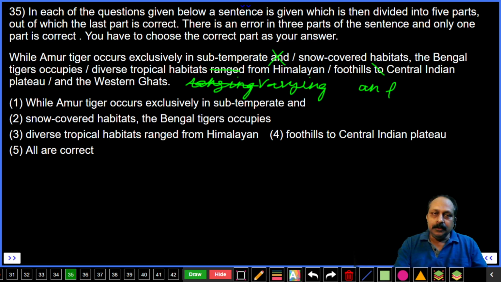While Amur tiger occurs exclusively in subtemperate, and should not be there, snow-covered habitats, the Bengal tiger occupies diverse tropical habitats varying from Himalayan foothills and not to central Indian plateau and the Western Ghats. So which part doesn't have an error? The second part. There's an error here. Answer is the second part. No error. Not easy.